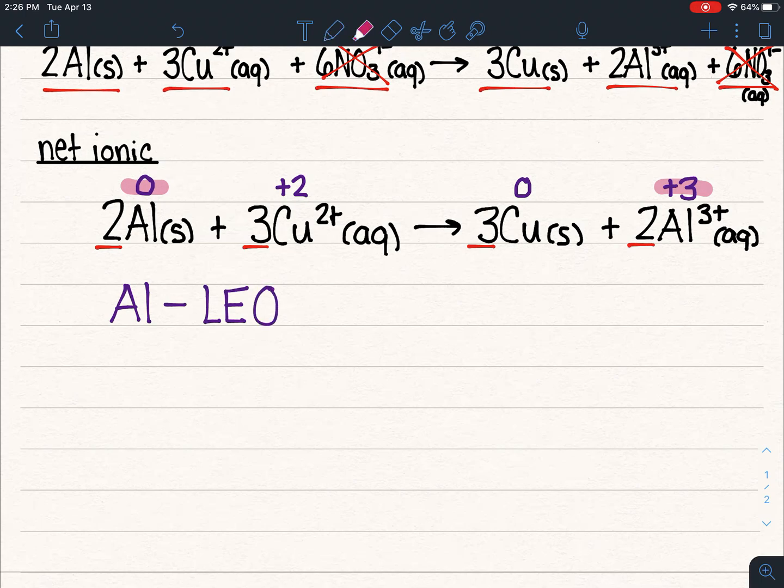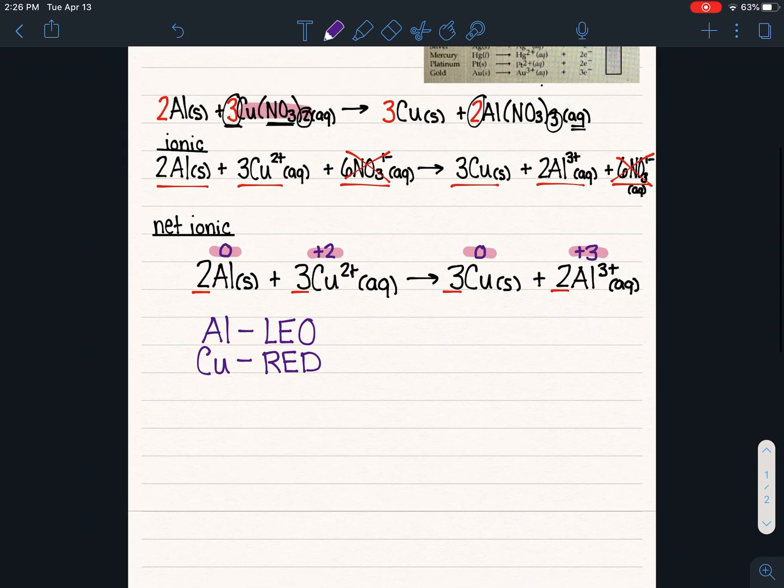And then copper has gone from 2+ to a 0. So copper was stealing the electrons, or removing electrons from aluminum. So copper would be our reduced element.